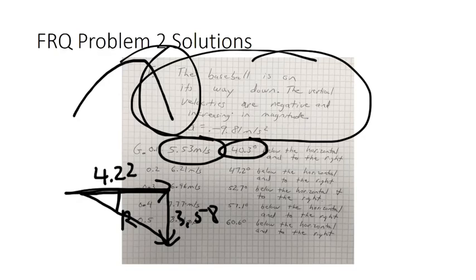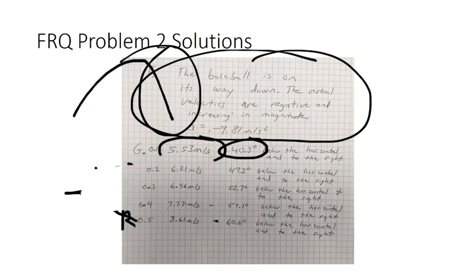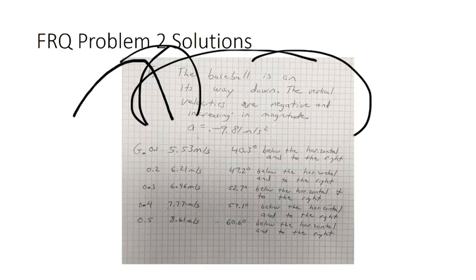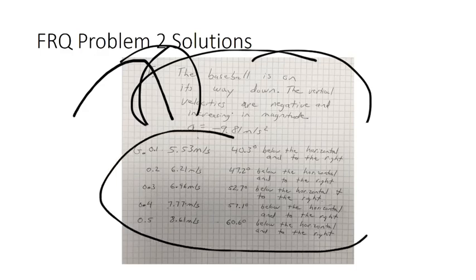So the resultant for the 0.1 second time interval is 5.53 meters per second at 40.3 degrees below the horizontal and to the right. We'll continue the same process for all the others, using the tip to tail method to add together the horizontal and vertical components. And once we do that, these are the correct answers that you should obtain on Part G.